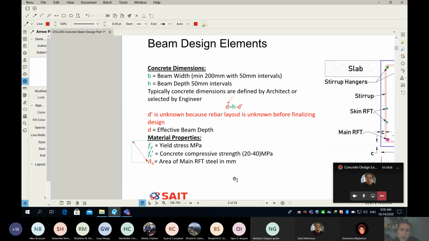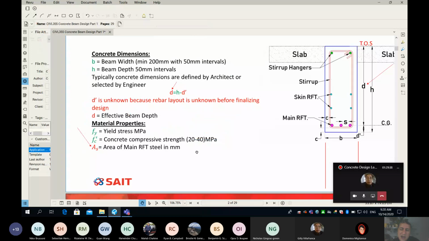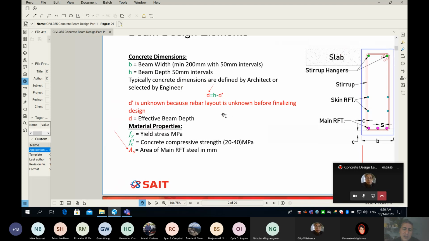So far, although we started from so many unknowns, including concrete dimensions, material properties and area of steel, after this discussion I'm hoping everyone in the class knows that we have two unknowns, namely the effective depth of the beam and the area of steel required to resist a given bending moment.